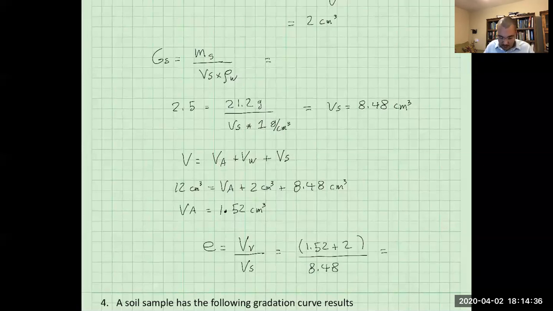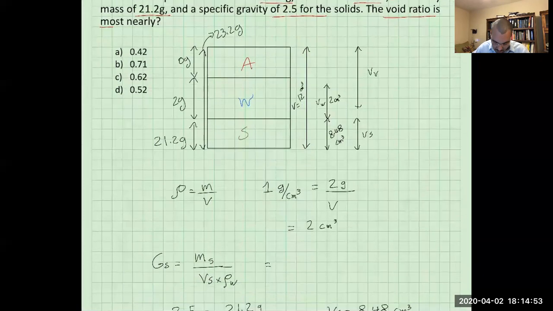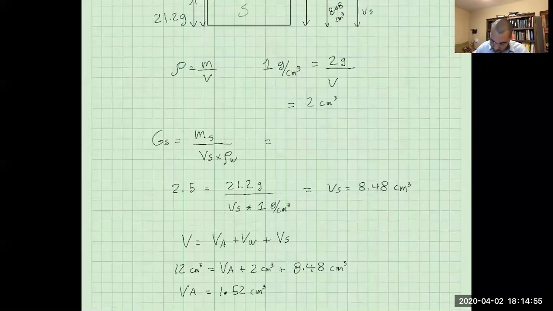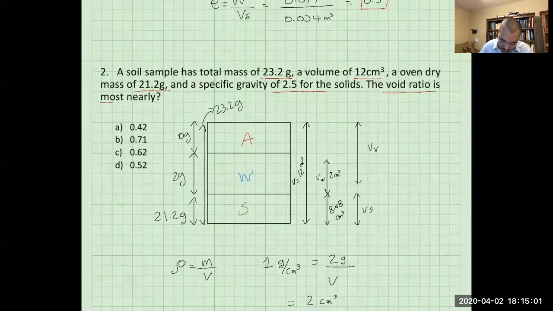And so we have 1.52 plus 2 divided by 8.48, and that is equal to 0.383. And if we look at our answer choices, this is around 0.4, and we'll say that A is the correct answer.